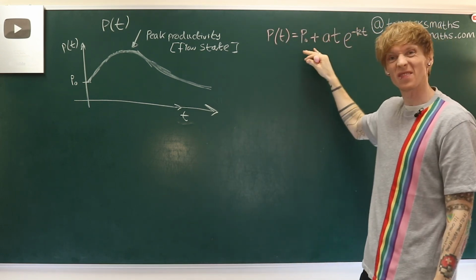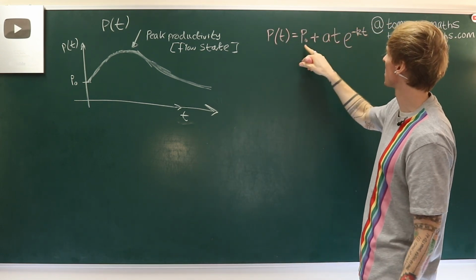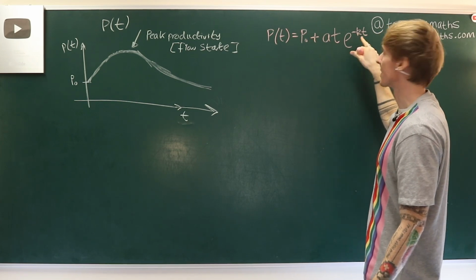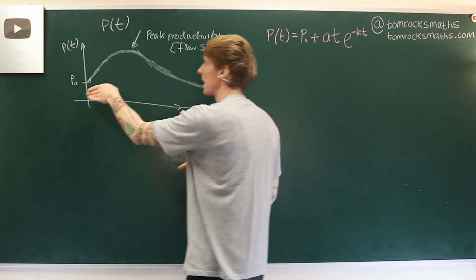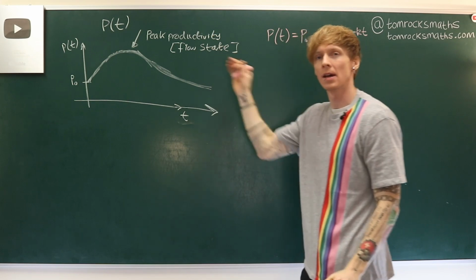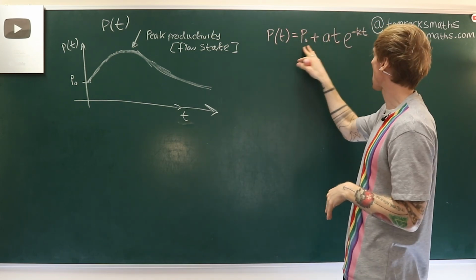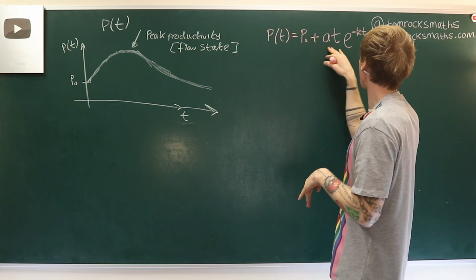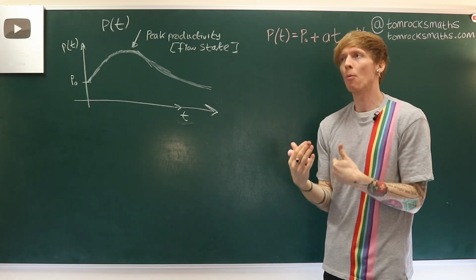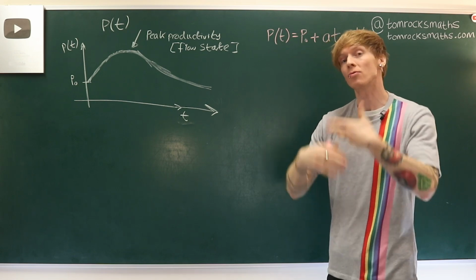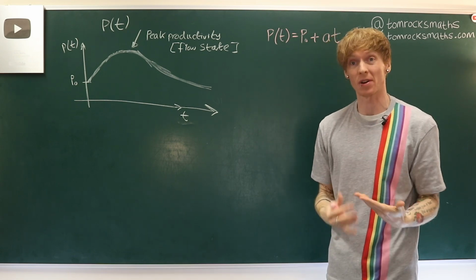So a function of this form for fixed constants P0, A and K will give you a curve that looks something like what I've drawn. And of course our goal is to try and work out what values P0, A and K will take and what they actually represent in the real world when we're thinking about productivity.